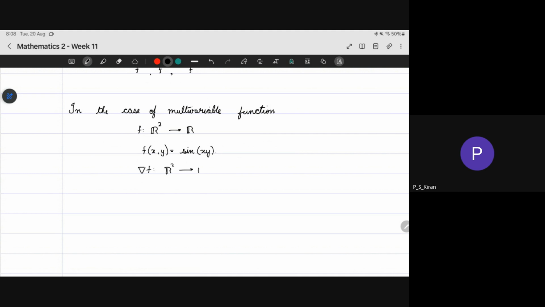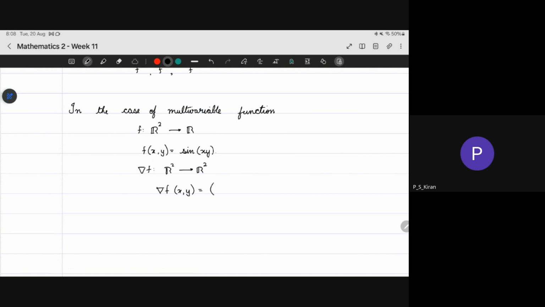To write it this way, you have to verify that all of these things exist. But since this is a composition of a trigonometric function with the product of two scalar valued functions, it's a very well behaved function. So the gradient of this makes sense.